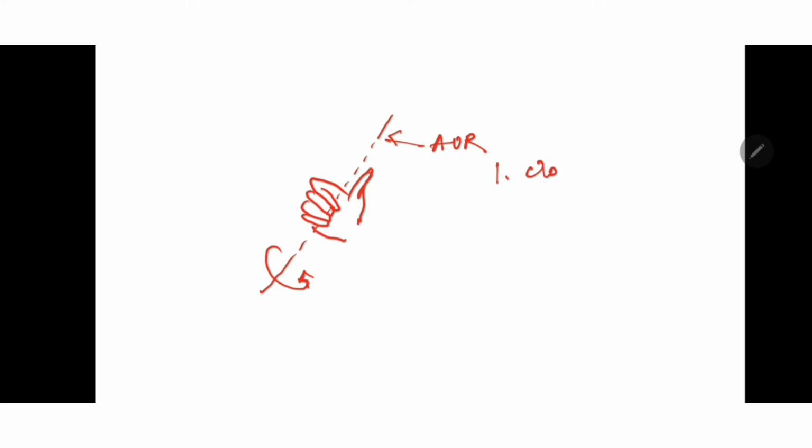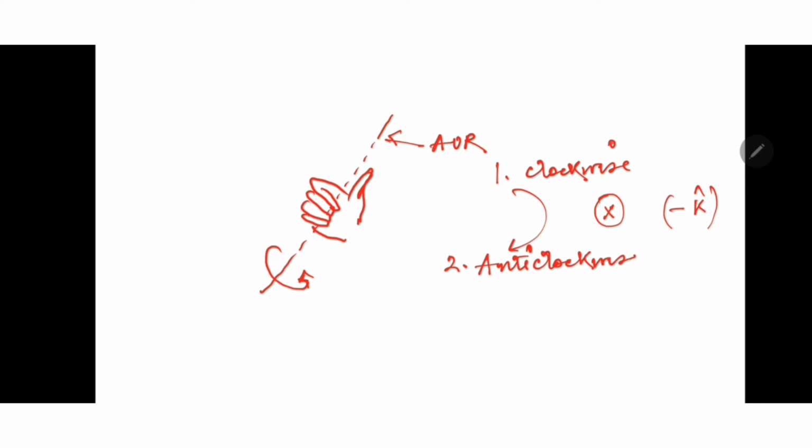Number one, clockwise, this is minus k cap, and number two, anti-clockwise, this is k cap. So in vector form, torque of the applied force is tau vector equals r cross F.